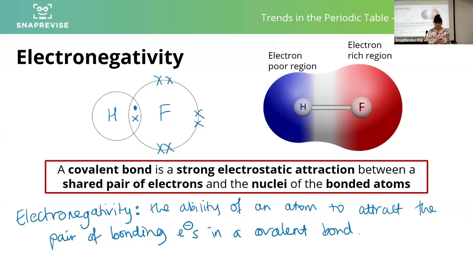Why does that create this electron-rich region and an electron-poor region? Let's have a think. They're supposed to be sharing electrons, but the shared pair of electrons between hydrogen and fluorine are actually spending more of their time around the fluorine than around the hydrogen.